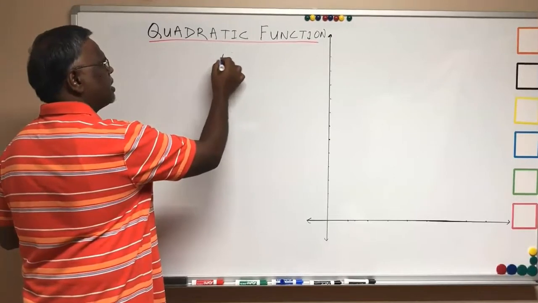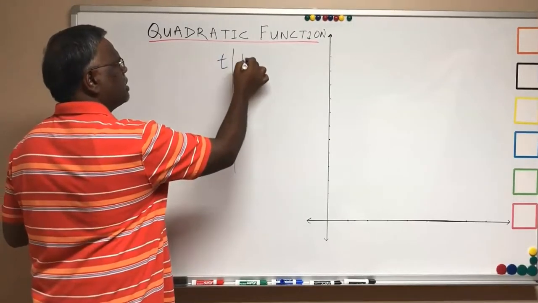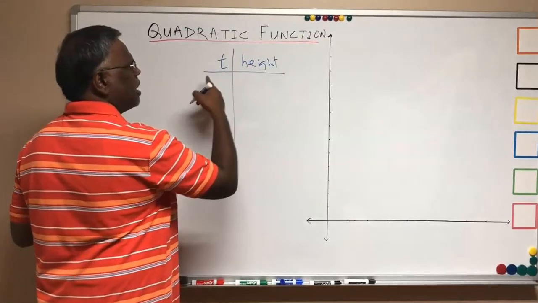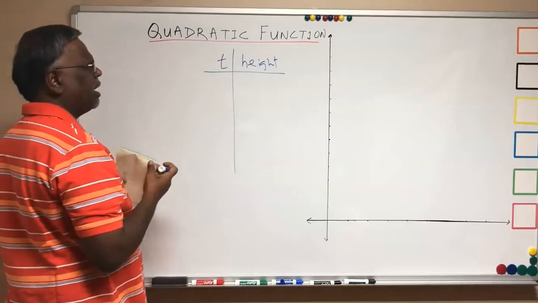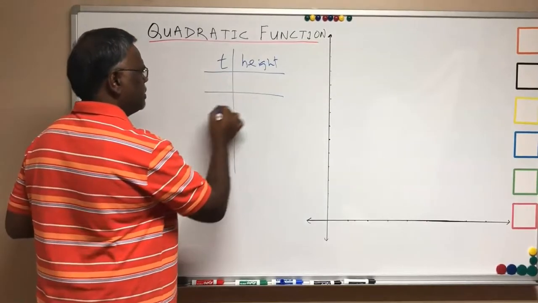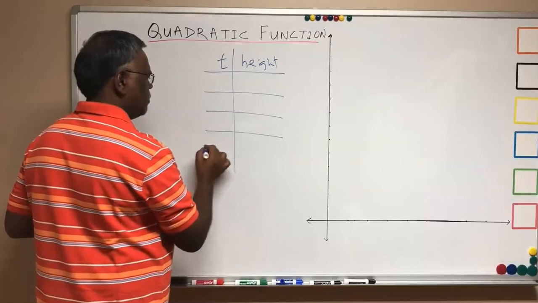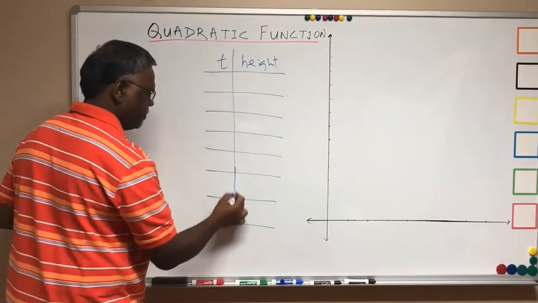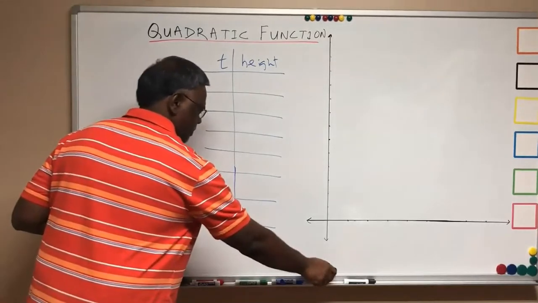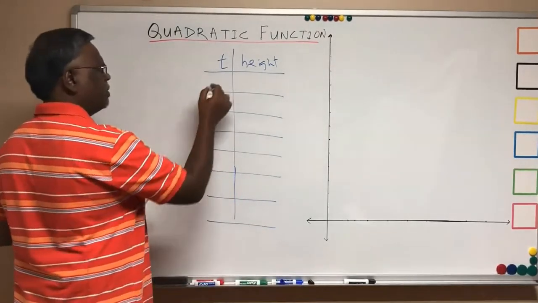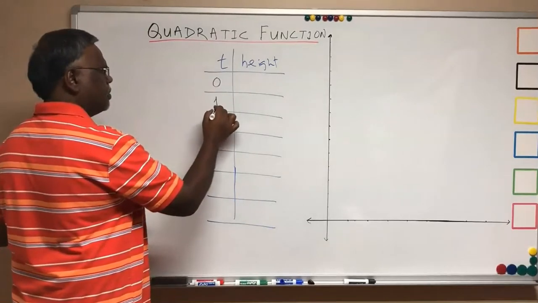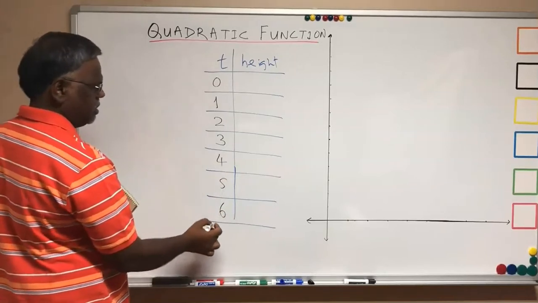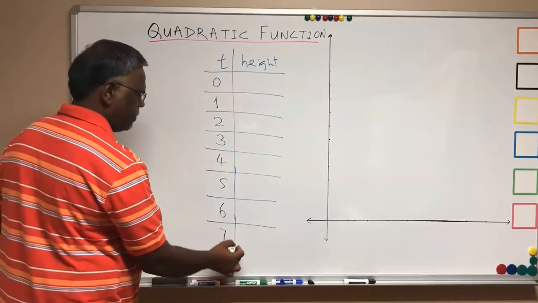Let us say this is the time and this is the height. Time is taken in seconds and the height in feet. Time: 0, 1, 2, 3, 4, 5, 6, 7.